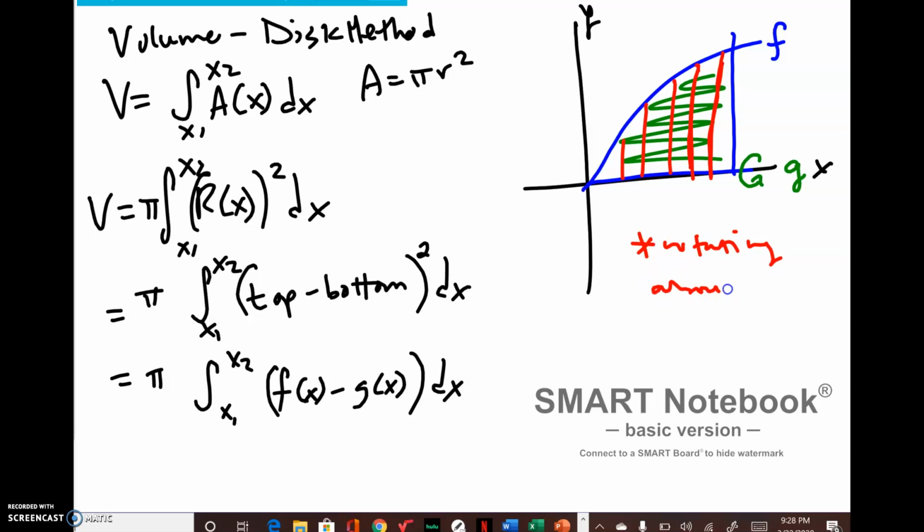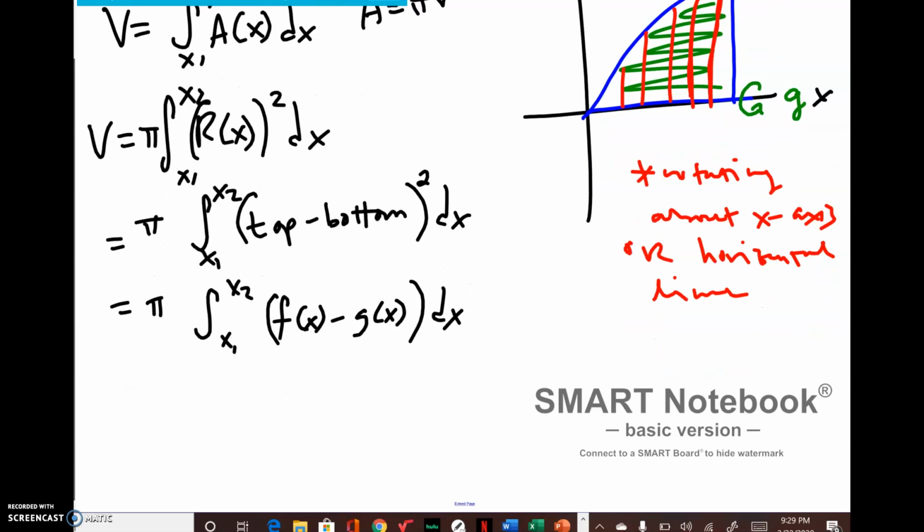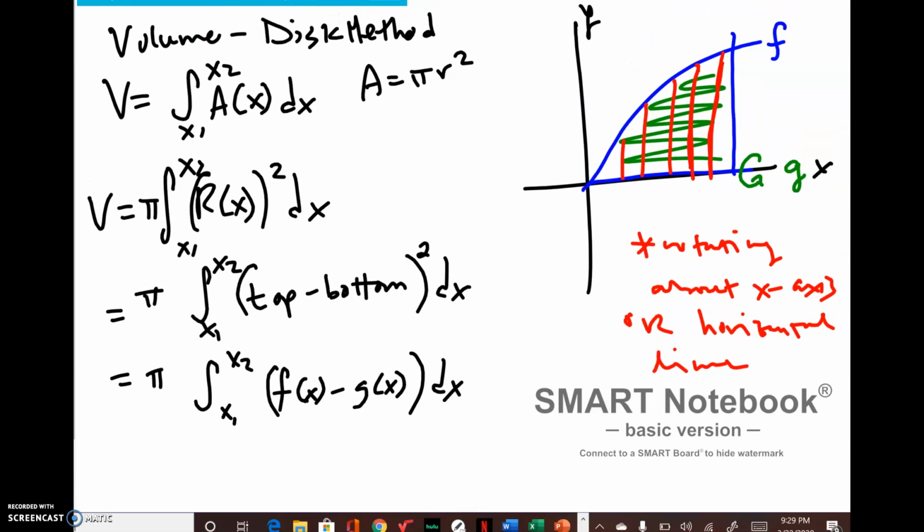Rotating about the x-axis, or a horizontal line. Okay, so if you want to know what that would look like, if I'm rotating about a horizontal line, it's going to end up being the same thing. So let me just modify this picture here.